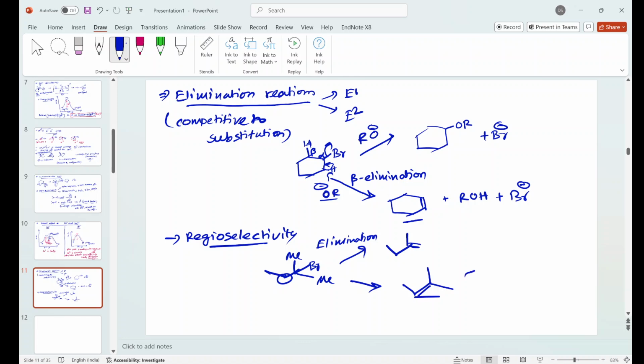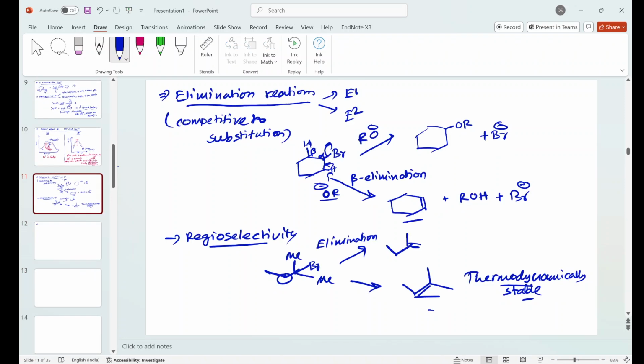Generally, this one is thermodynamically stable, because this is much more substituted. So this product is formed more.